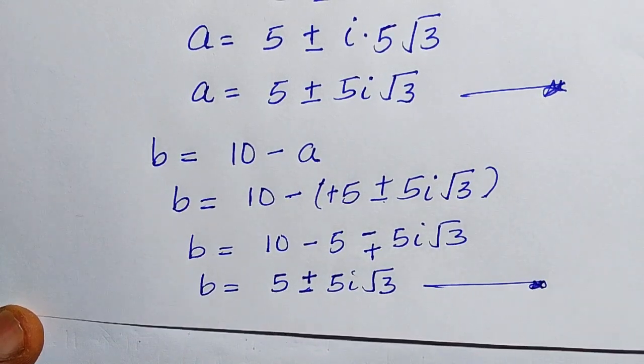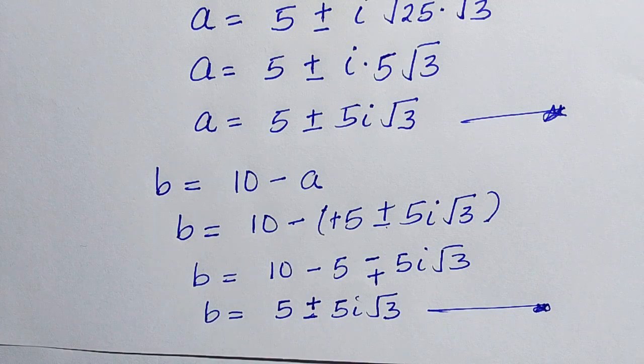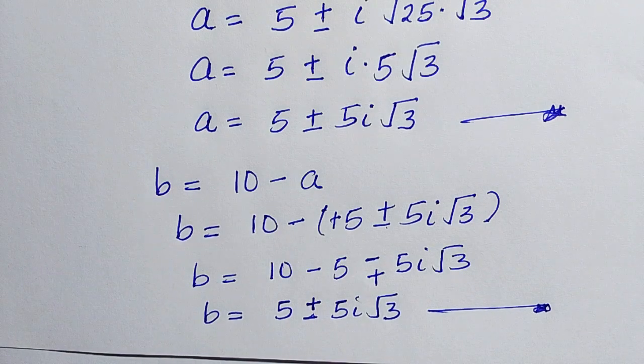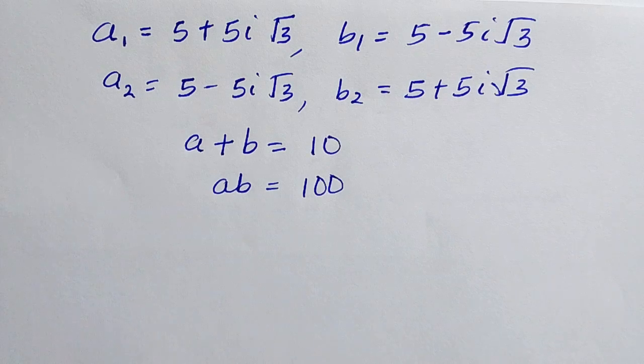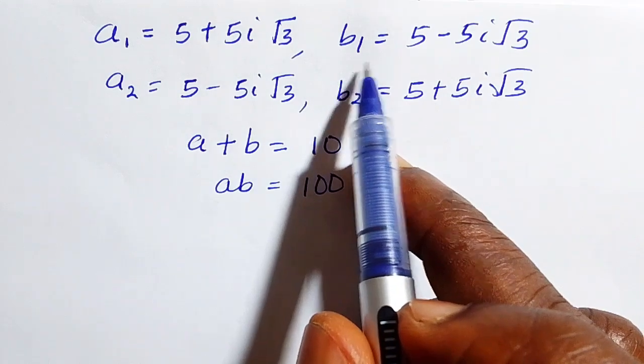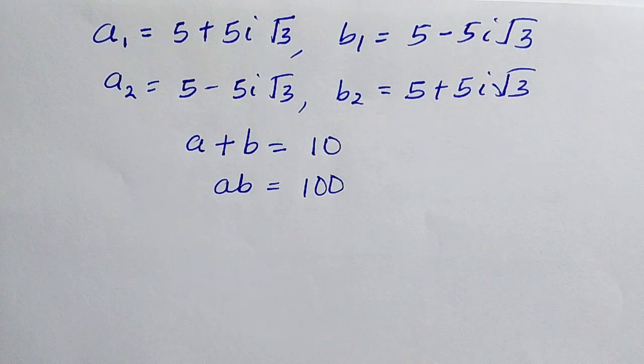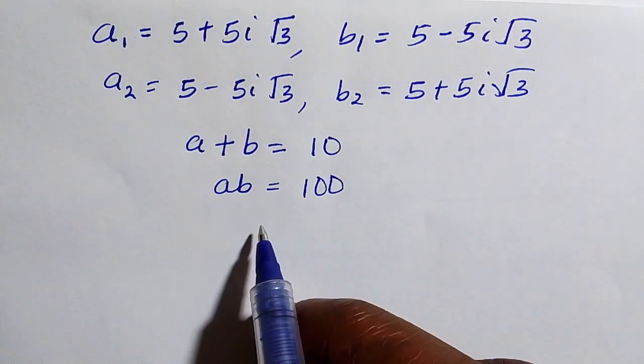And here are the other solutions that satisfy this problem, but let's check if these solutions really satisfy the problem. When we have a = 5 + 5i√3, we are going to have b = 5 - 5i√3, and similarly with the others. So we have equation 1 and equation 2.